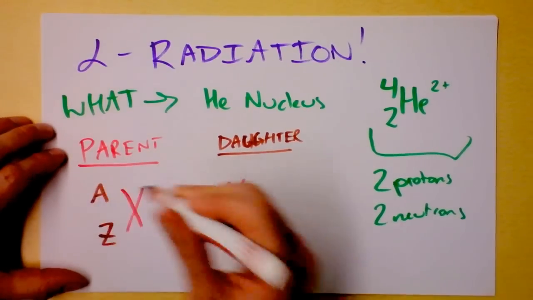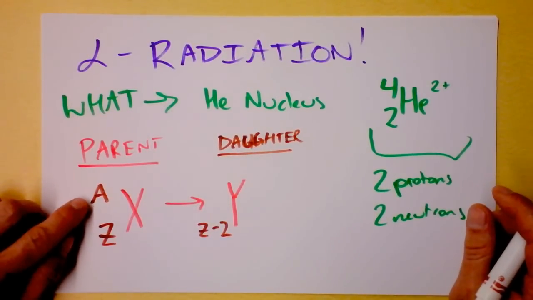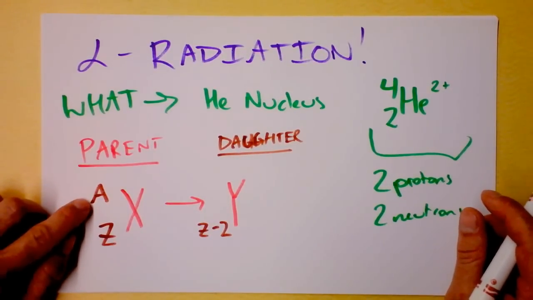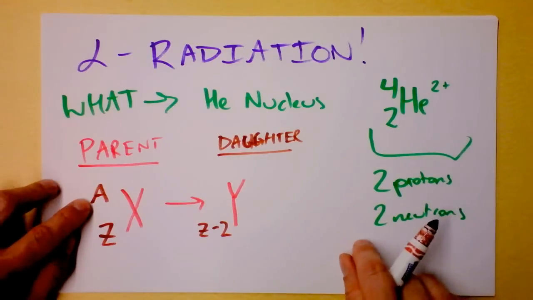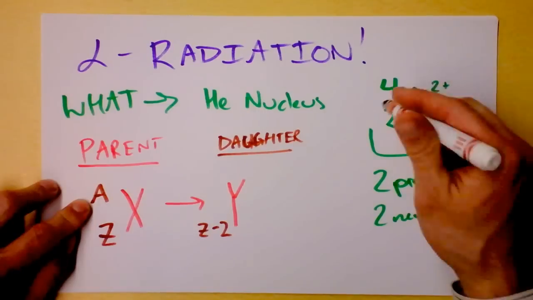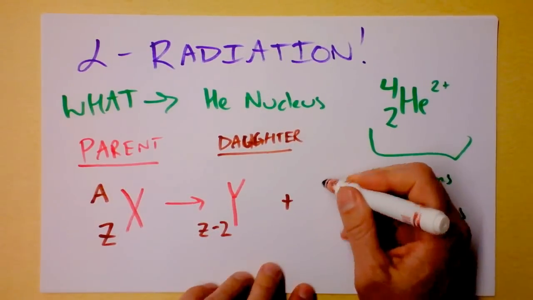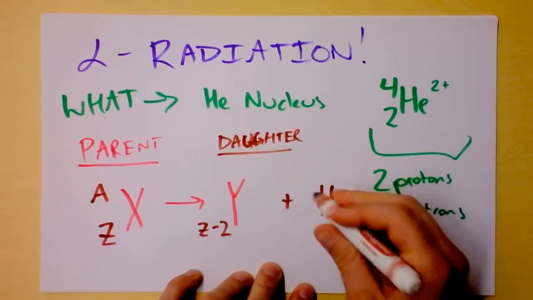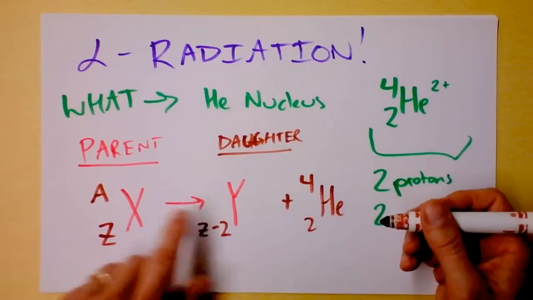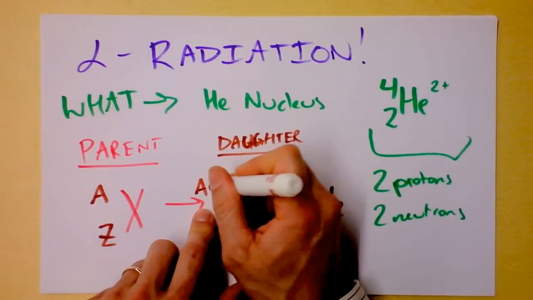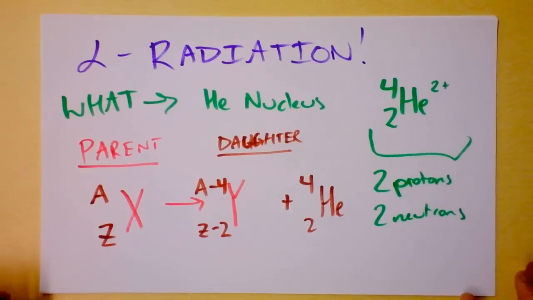Also, you don't have as much atomic mass, right? Because A will have decreased. Now, how much did A decrease by? Check the A over here on the particle that just left. You're going to get a daughter, plus you're going to get a helium nucleus, 2 and 4. So this one must be A minus 4, because I guess mass has to be conserved.